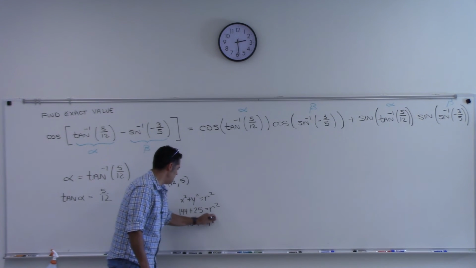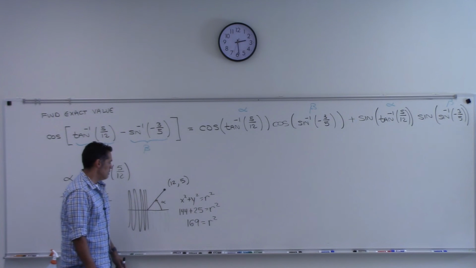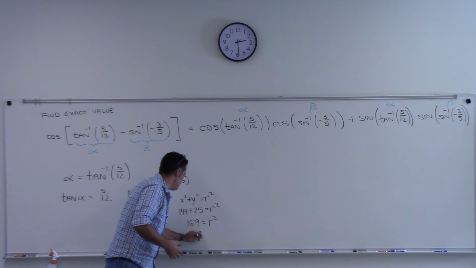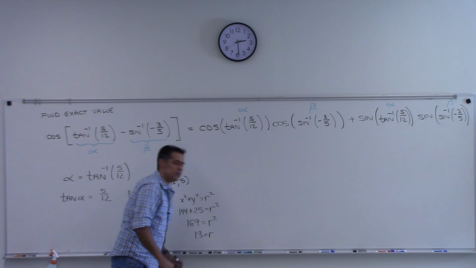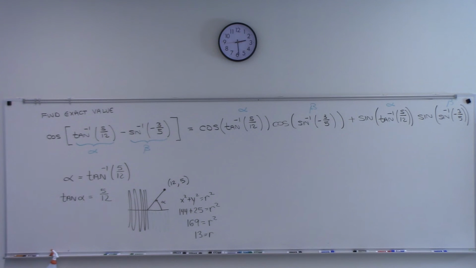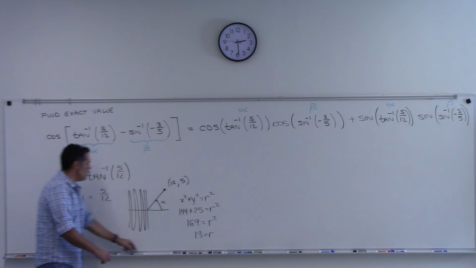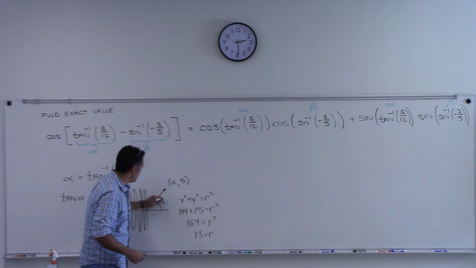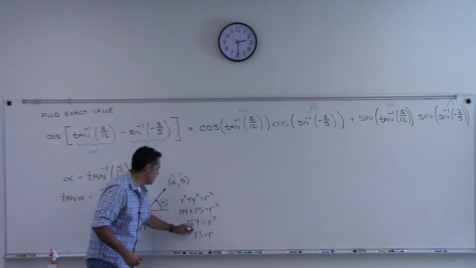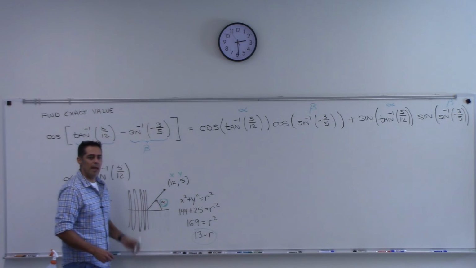It's 13. Plus or minus, right? But it's the radius, so it'll be 13. So in terms of alpha, we know what x is, we know what y is, and we know what r is.